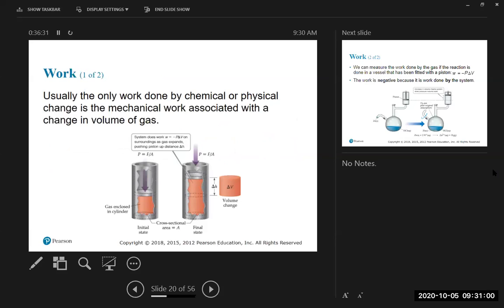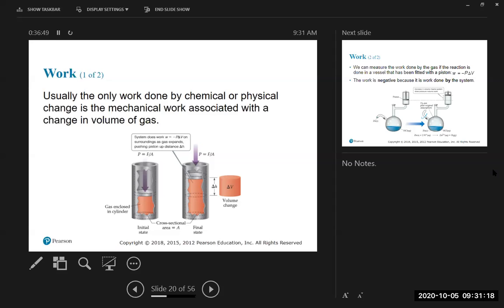Okay, let's talk about work for a moment. As I said earlier, we talk about work and we talk about heat, and there are some examples of where you worry about the work component, but really it's almost always heat changes.